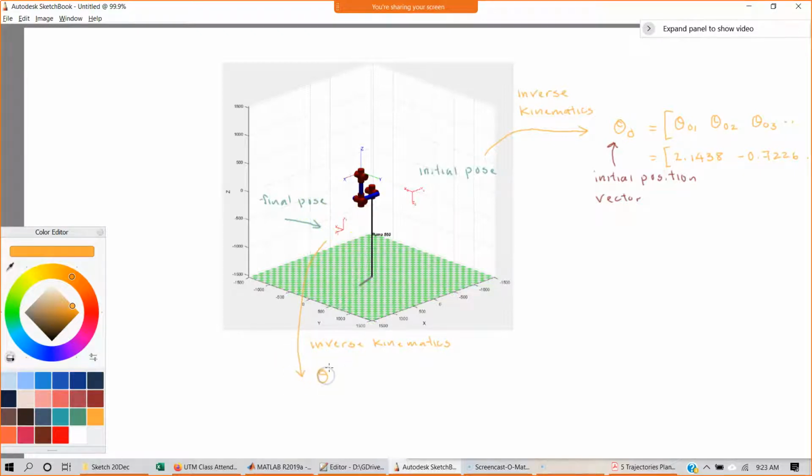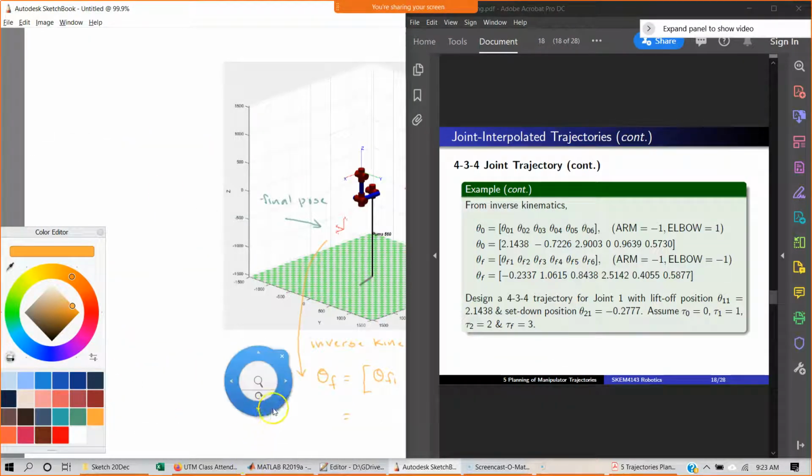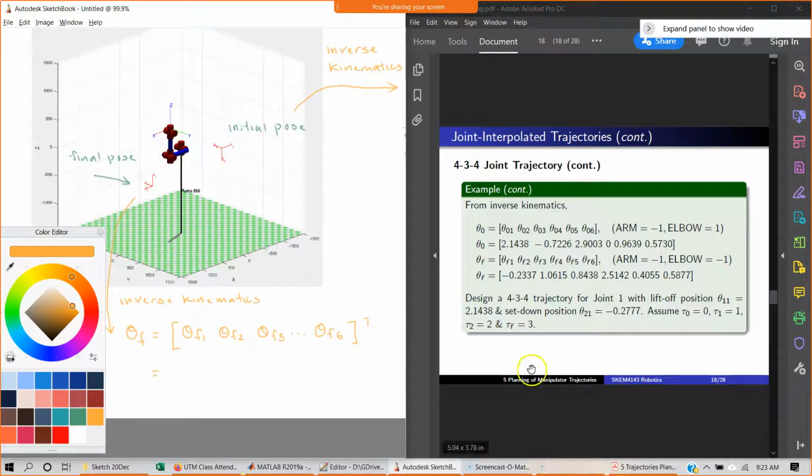And of course, because it's final position, we call it theta f. It has 6 elements because this is a 6-degree robot arm. So we have theta f1, theta f2, and from the slides, this is this one.